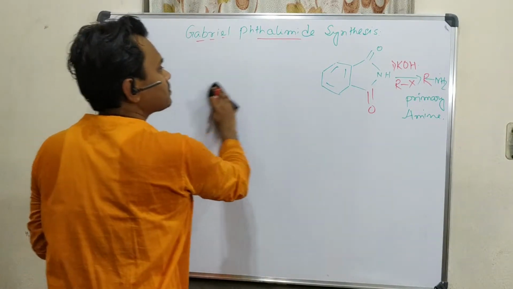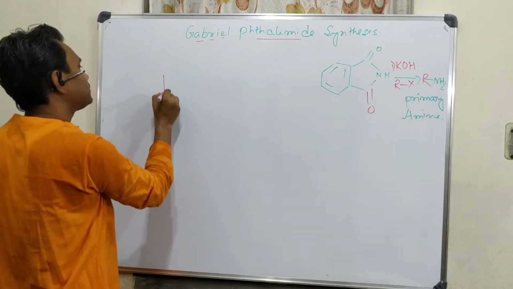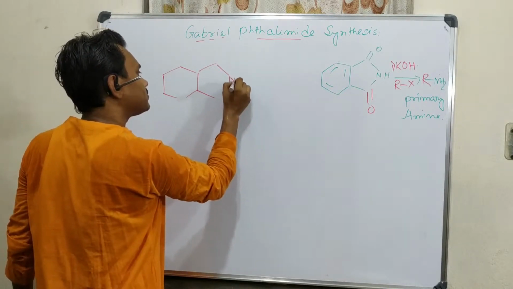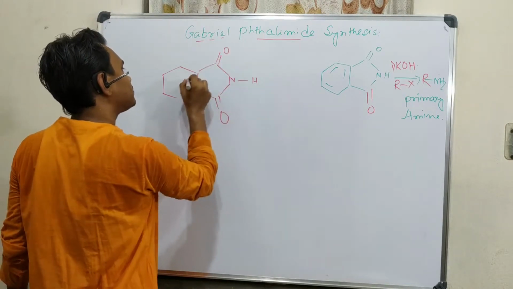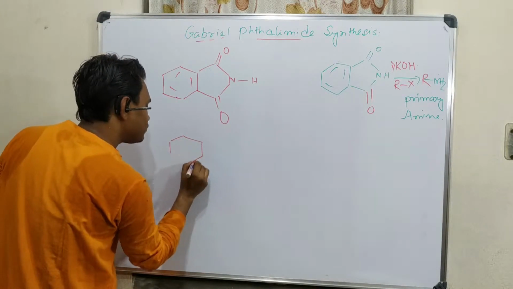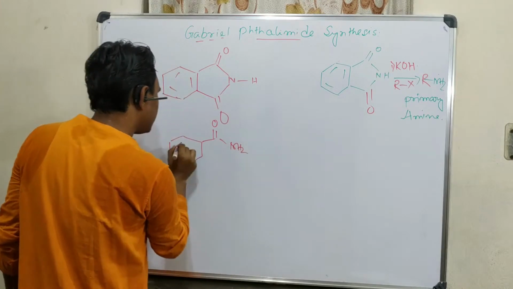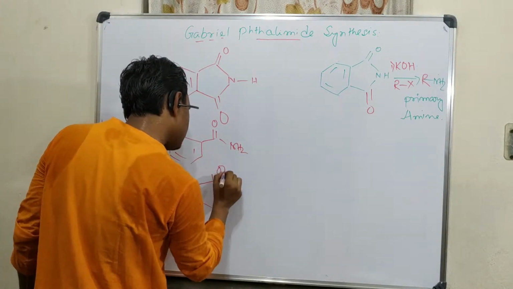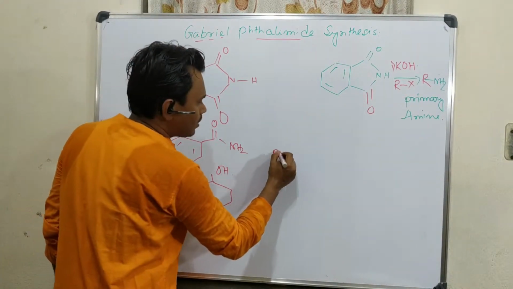What do I mean? You can see this amide. Let's compare it with relatively simpler examples, benzamide and phenol. If we look at that, its pKa is around 13.